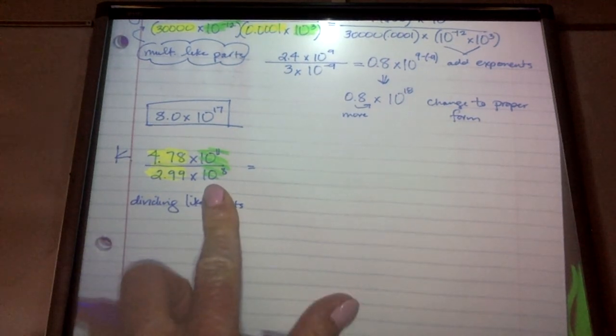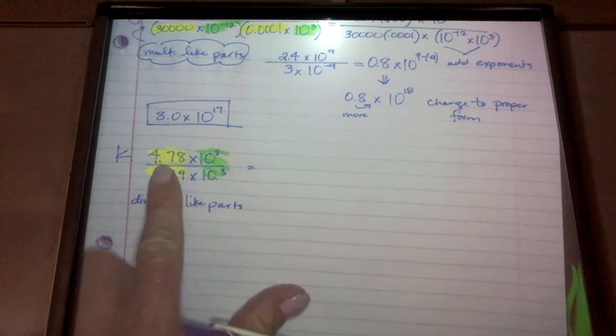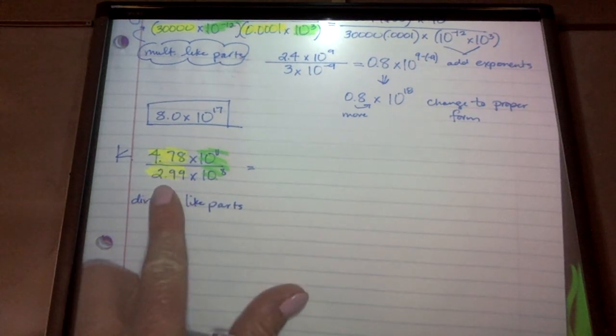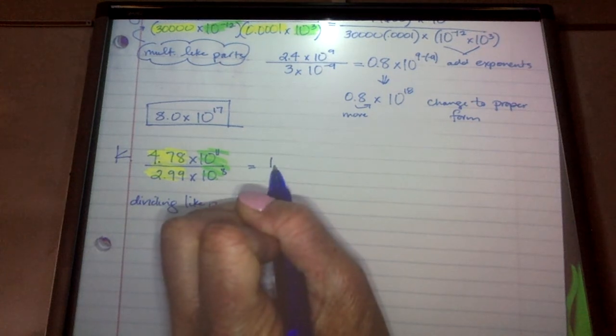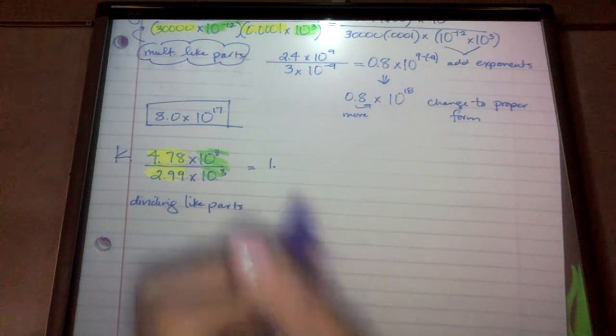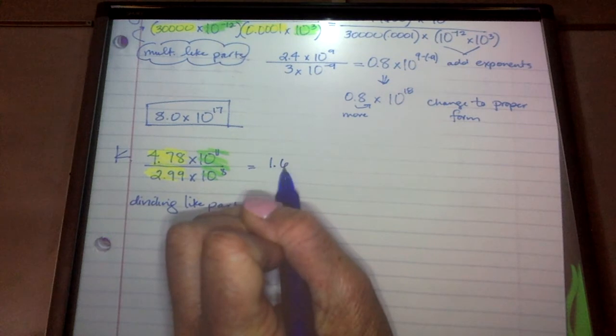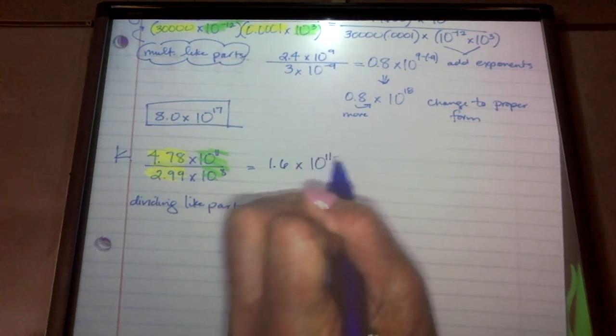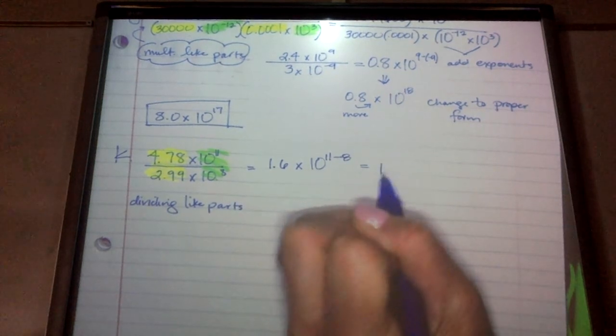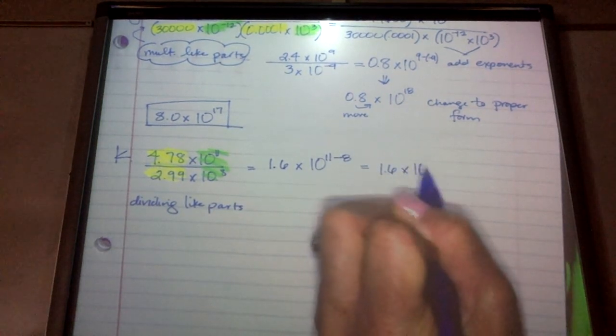Okay? So if you don't want to pause the video, I'm going to take 4.78 and divide it by 2.99. And I got 1.598. I'm going to round that to 1.6. And then I'm going to subtract my exponents, so 11 minus 8. So that gives me 1.6 times 10 to the third.